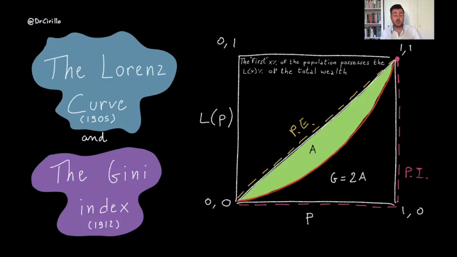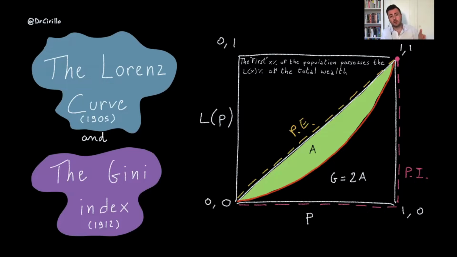Clearly, when Gini is equal to 0, it means that my Lorenz curve coincides with the perfect equality line, so the area A is 0. When, conversely, the Gini index is equal to 1, it means that A is equal to 1/2. So 2 times 1/2 is equal to 1, and that is the situation in which the Lorenz curve coincides with the perfect inequality.